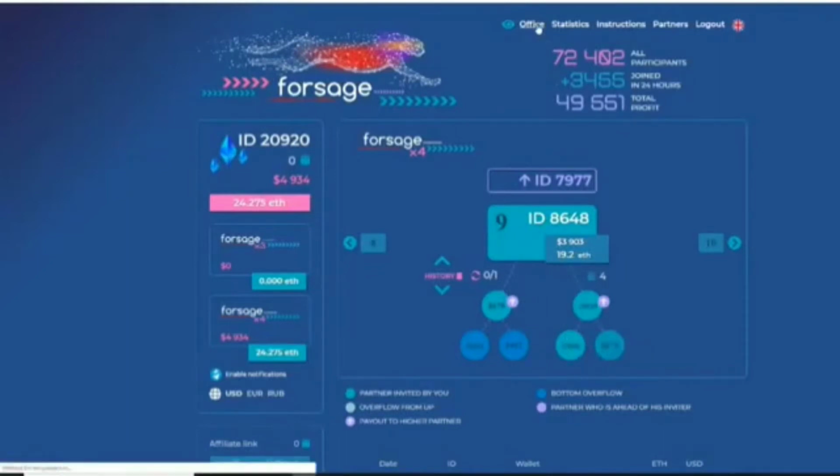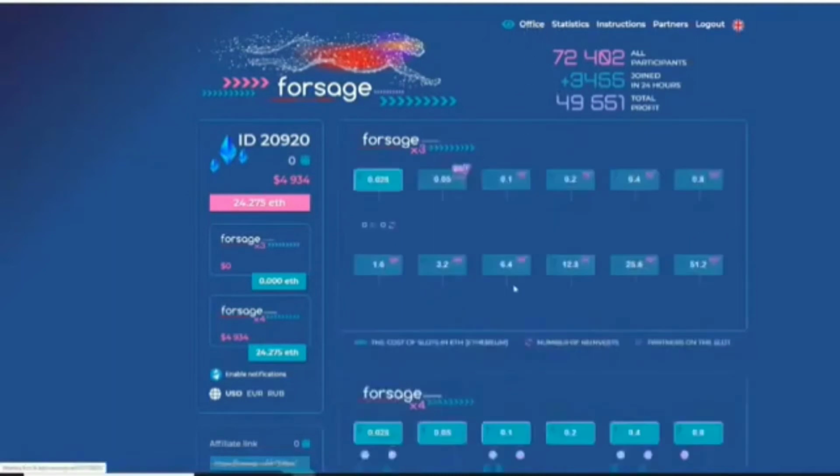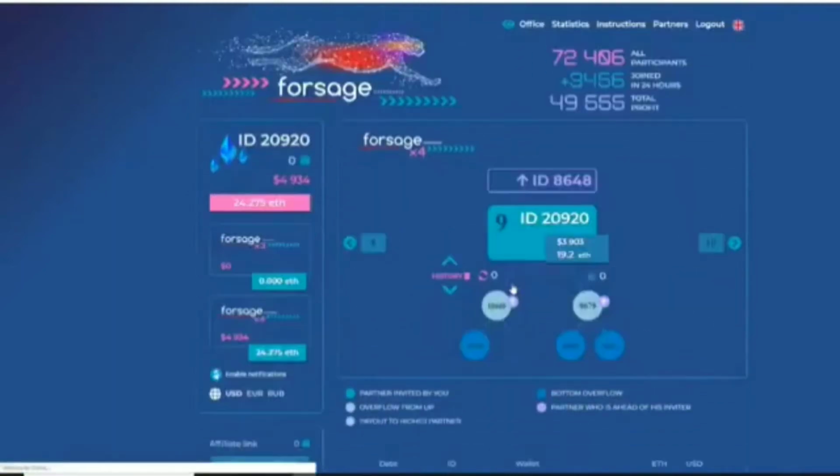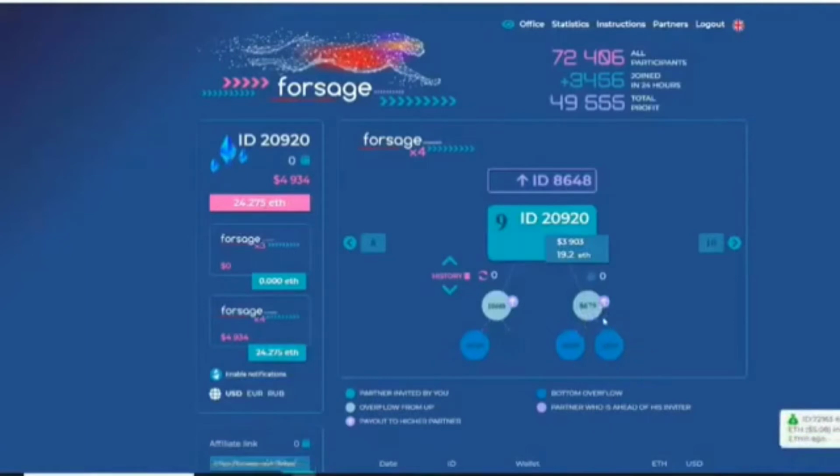But for 20,920, it's actually a spillover, right? So he earned on those spots because this is how it works. When he activated the slot, in this case the 9th slot, and appeared in the 8648 matrix on the first spot, those two became the second spots for 8648.